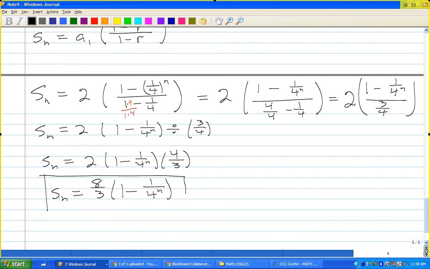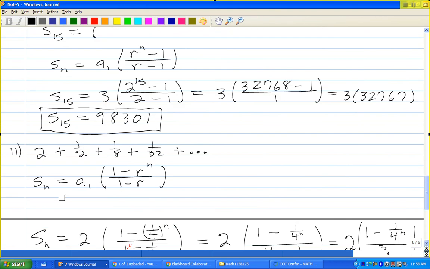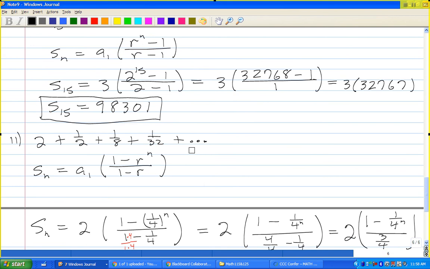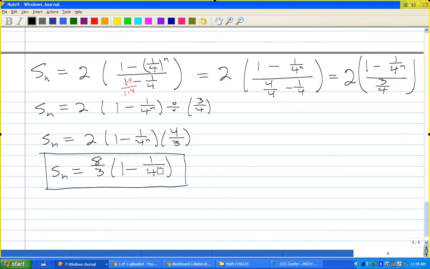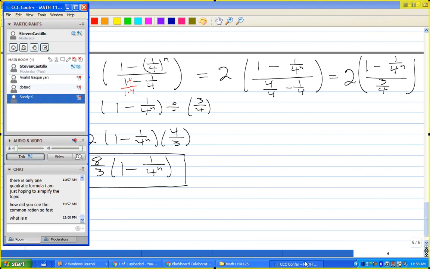So you can find the sum of the first n terms, and notice this formula only involves n. And so once you know what n is, say you want to find the sum of the first 20 terms of this series, I can just plug in n equaling 20 into this formula and find what the sum is. n is the number of terms in your series.